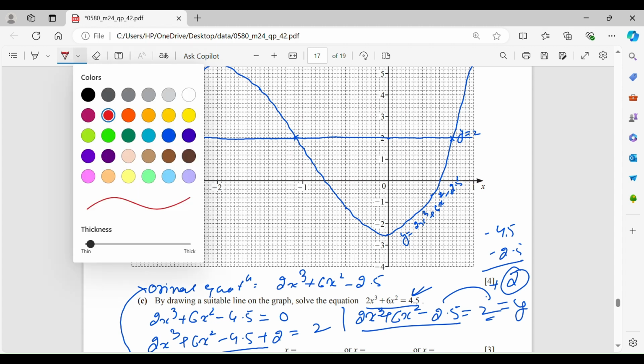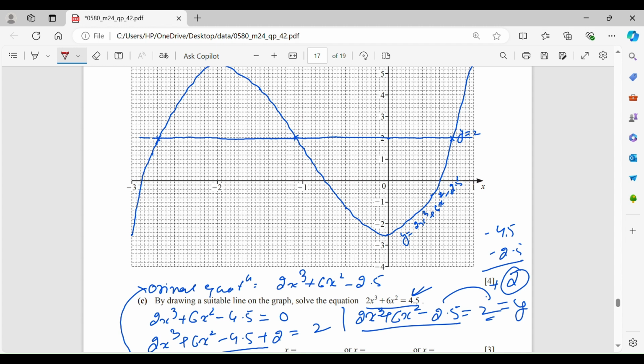So how will we look for the x value? This is our x value, approximately minus 2.65, right?